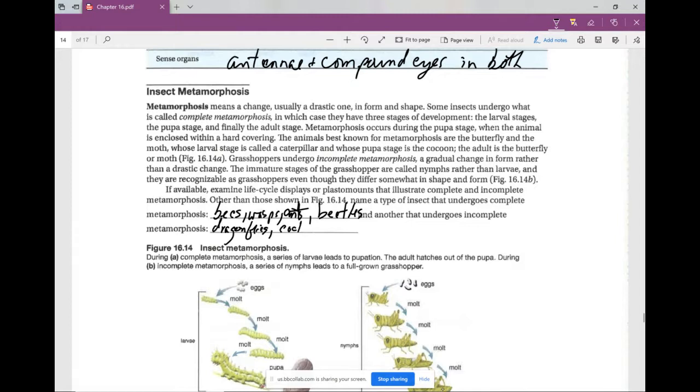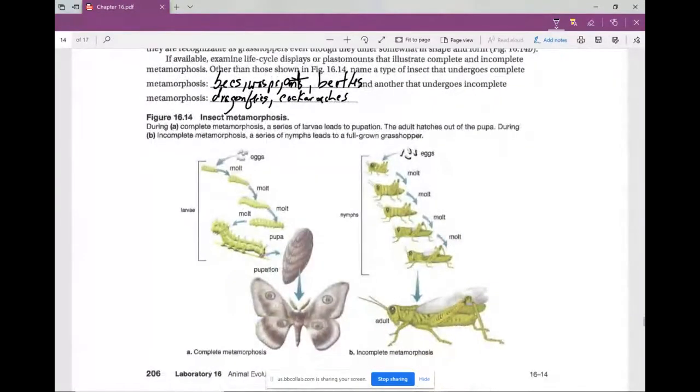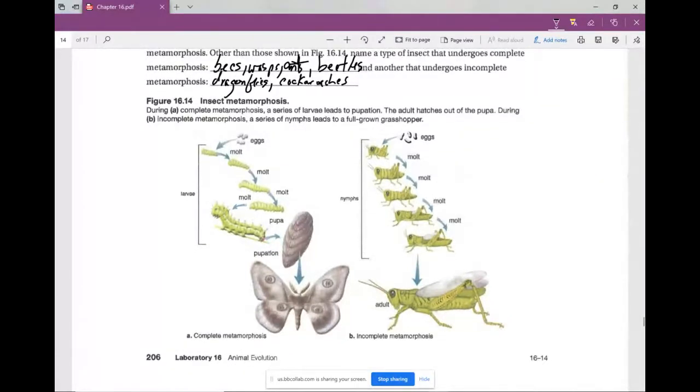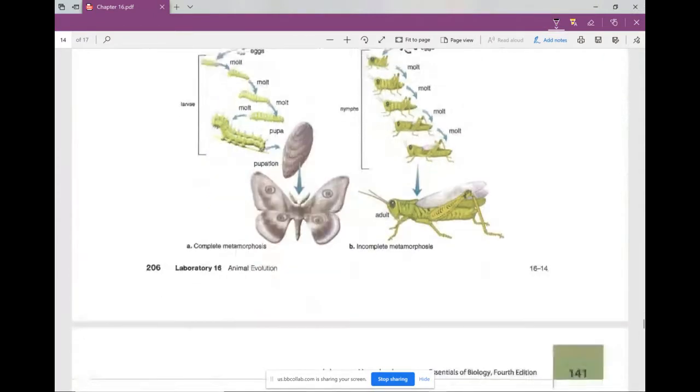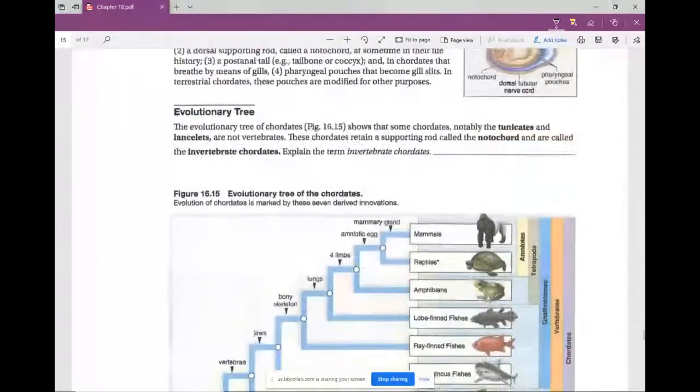You got cockroaches, everybody's favorite insect. Yeah, dragonflies, cockroaches, other things like cicadas, those loud, noisy ones in the end of the summer.